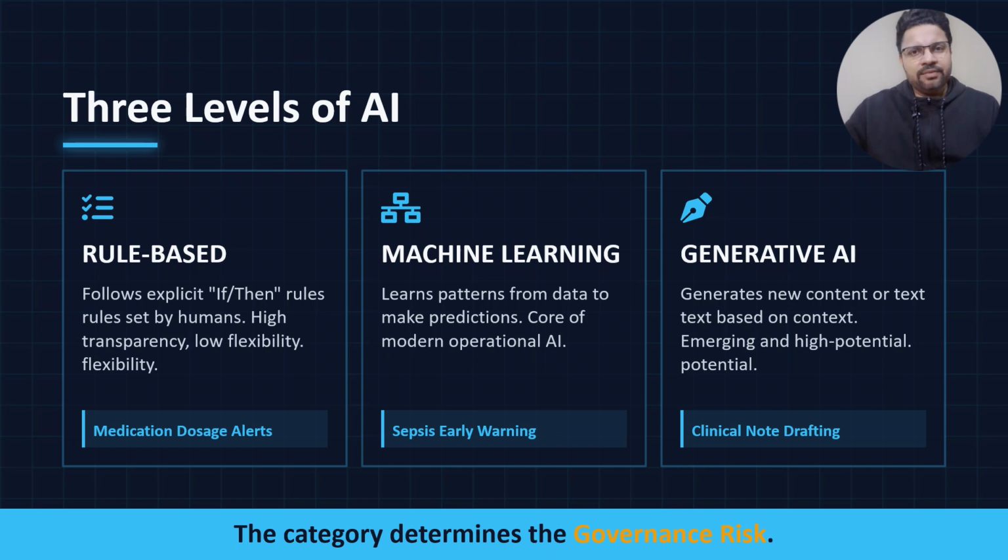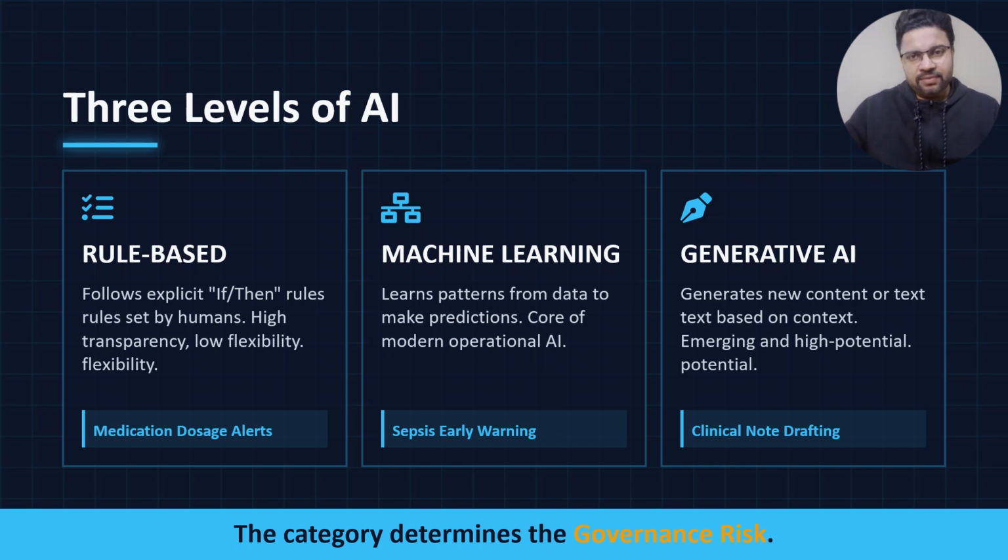Building on the definition, AI operates across a practical spectrum with three distinct levels. We have rule-based AI, which is highly transparent but less flexible, like medication dosage alerts. Then there is machine learning, the core of modern operational AI, which learns patterns from data, such as sepsis early warning systems.